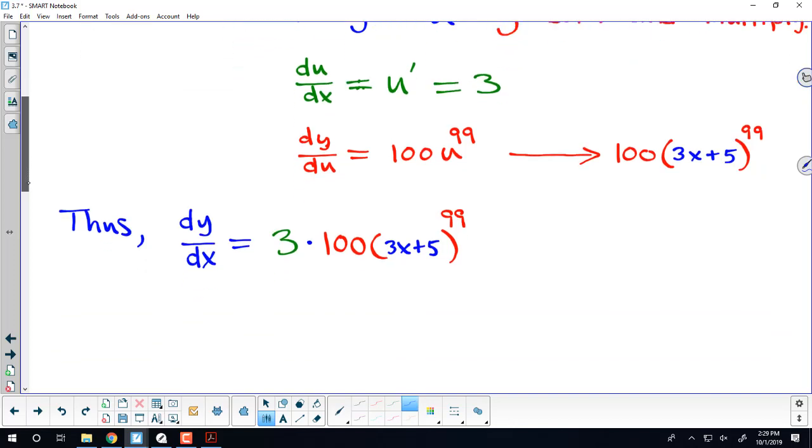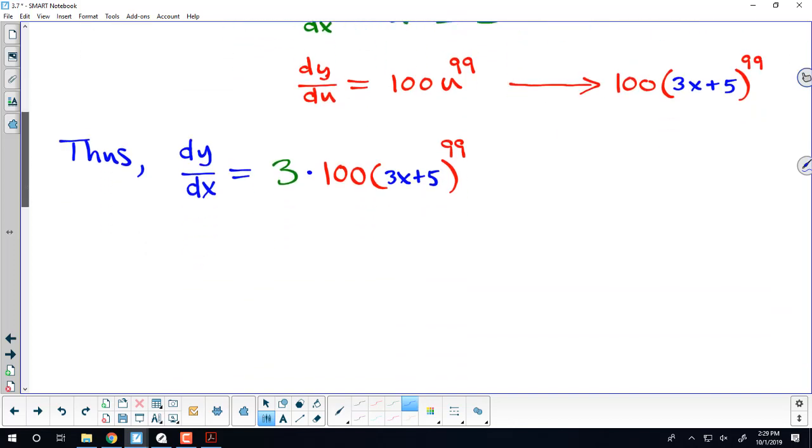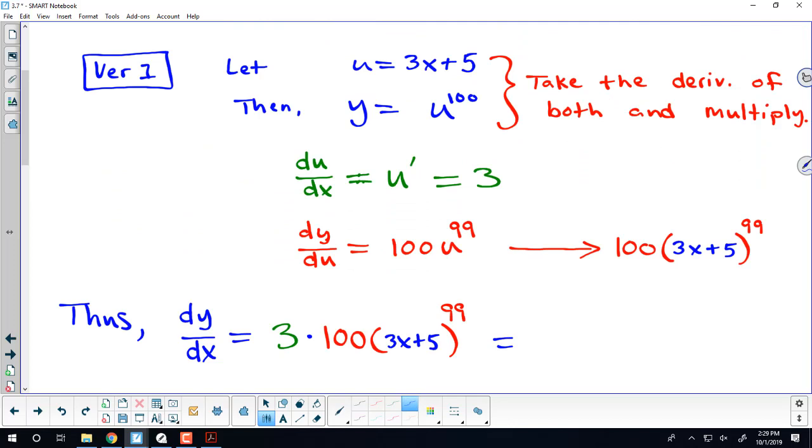We'll just multiply those two things together. So we just have 300 times our quantity to the 99th power. Ta-da!